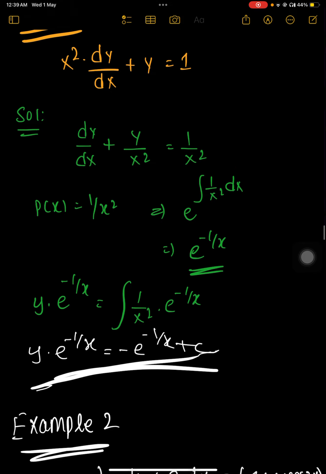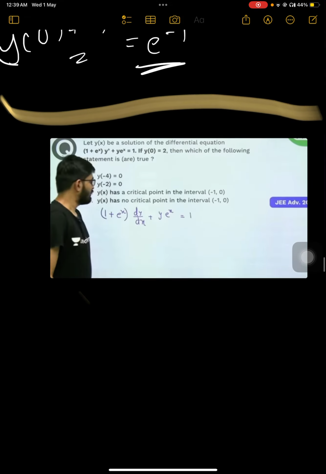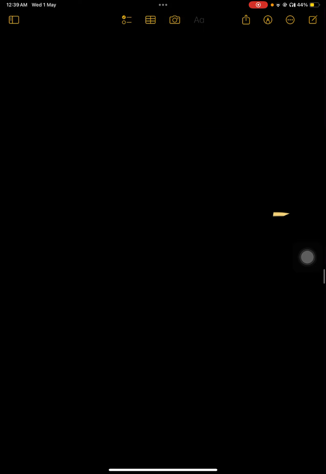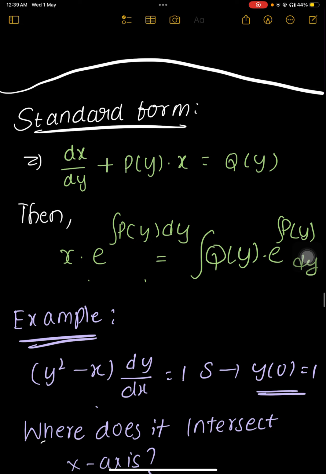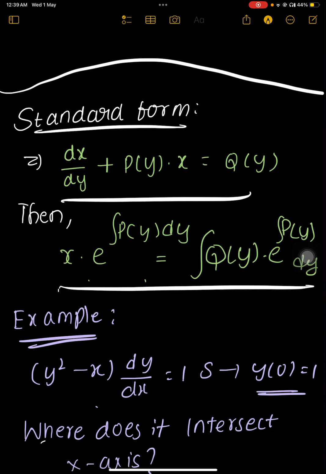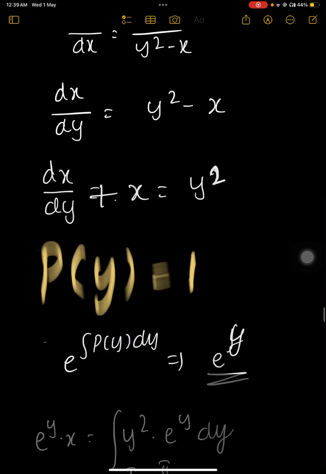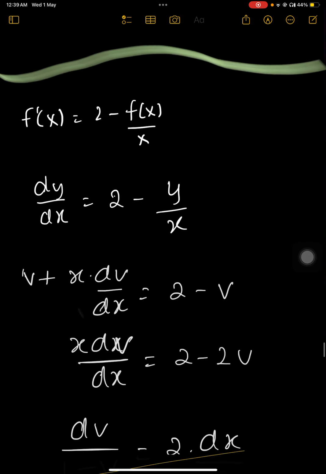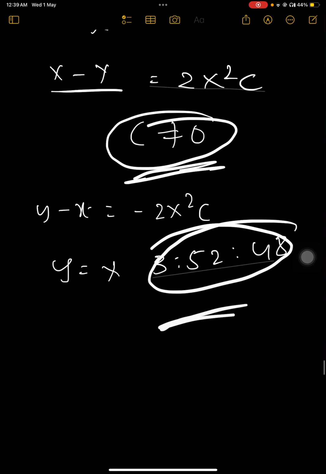You can take a look at this example. You can also solve this question; I will solve it in another video. Another basically standard form is the same but with dx/dy instead of dy/dx. Those are some examples that I've just solved.